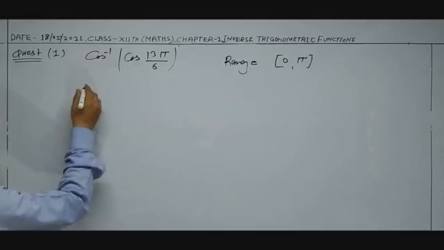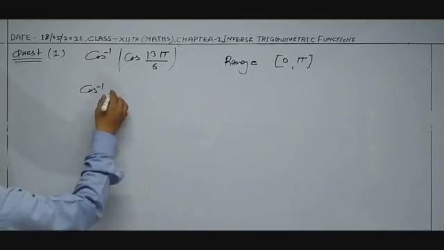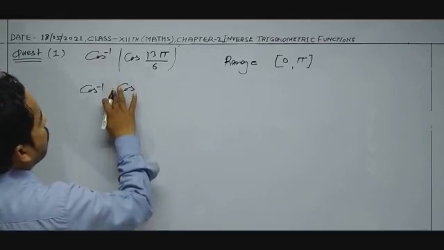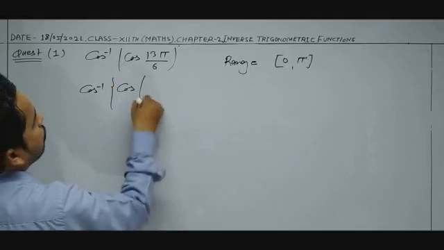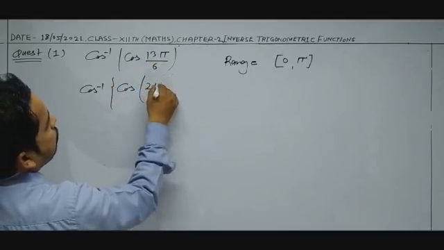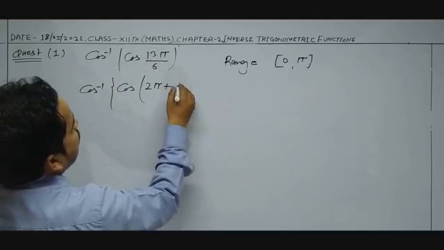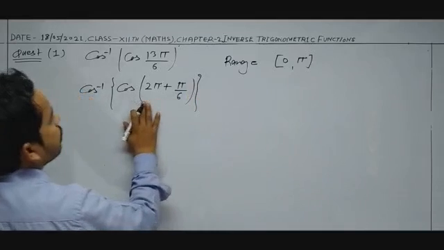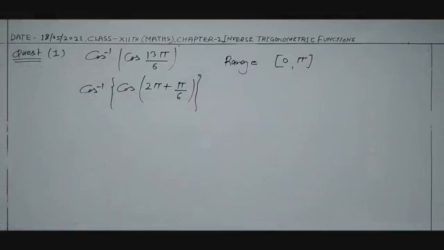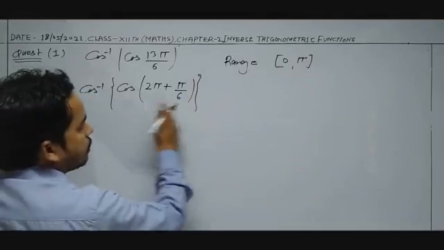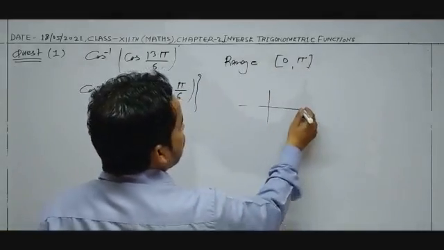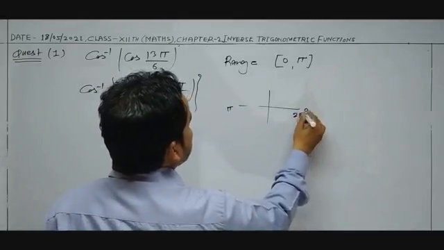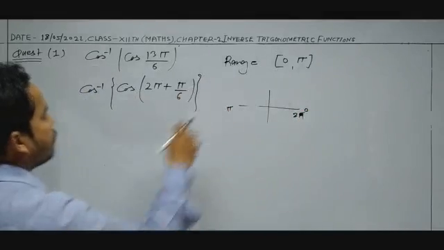So the solution: this can be written as cos inverse cos of 13 pi by 6, which means 2 pi plus pi by 6. Written in terms of 2 pi, 2 pi plus pi by 6 lies in the first quadrant.